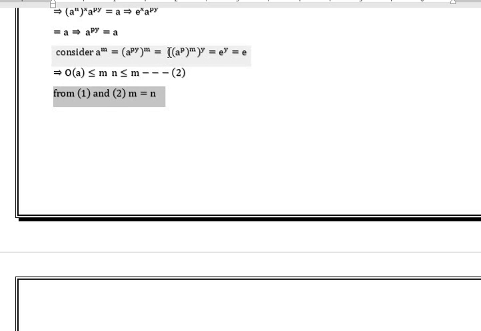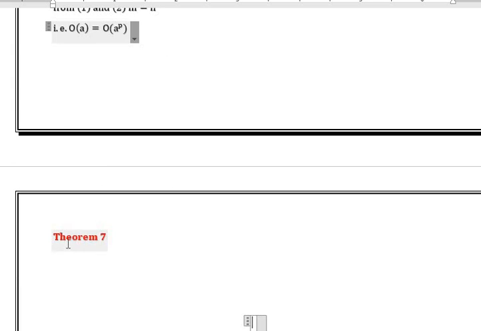Because equation 1 implies m is less than or equal to n, and equation 2 implies n is less than or equal to m. Hence, from 1 and 2, m is equal to n. That is, order of a is equal to order of a^p. Now, order of a is equal to n, and order of a^p is m. Hence the result.